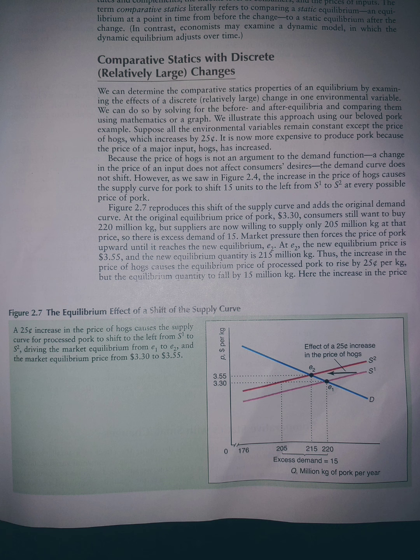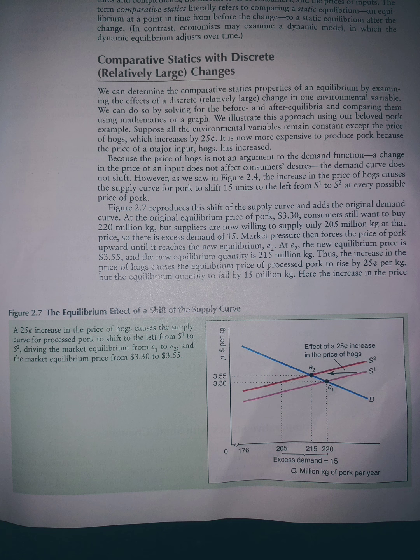At the original equilibrium price of pork, $3.30, consumers will want to buy 220 million kilograms, but suppliers are now willing to supply only 205 million kilograms at that price, so there is excess demand of 15.